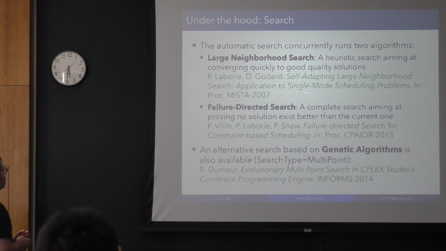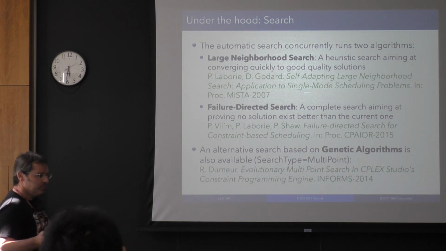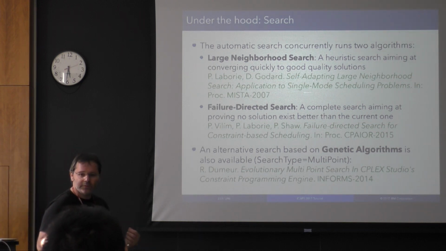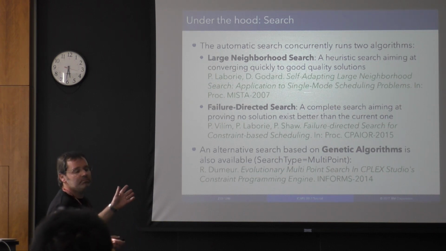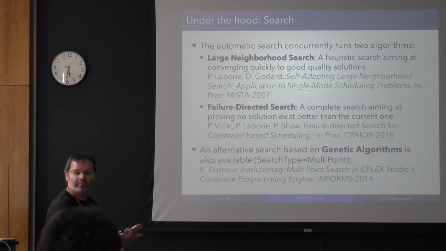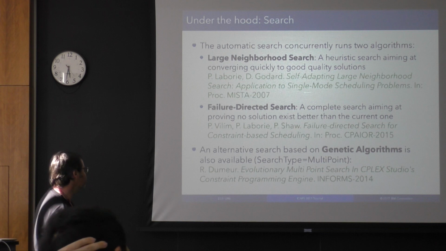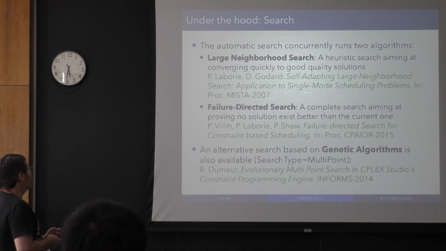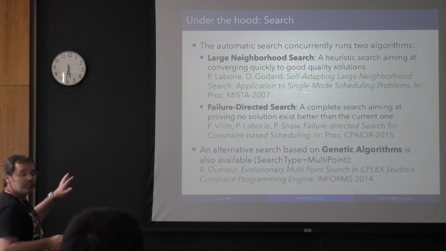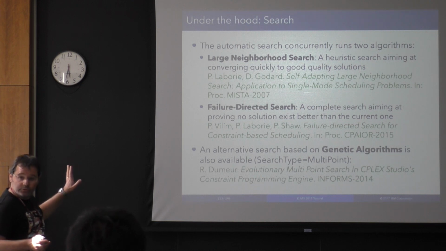The time is over. If you have a couple of minutes, I can describe more how these basic elements of propagation are put together to provide good results. I'm basically done now.